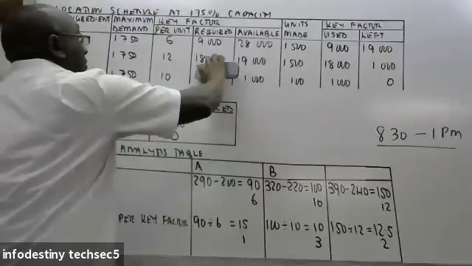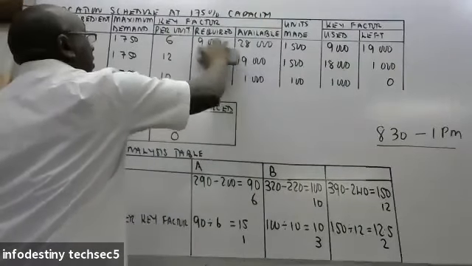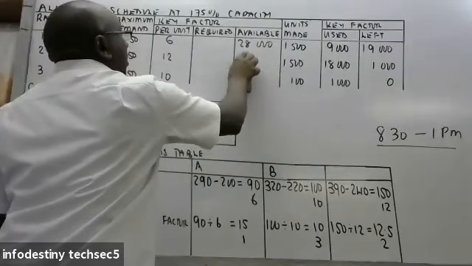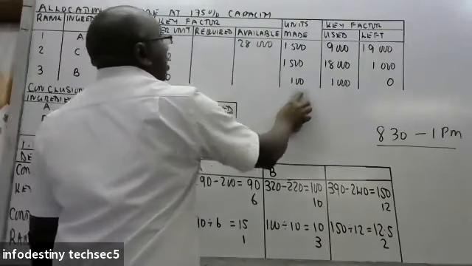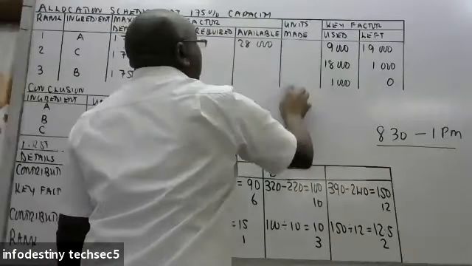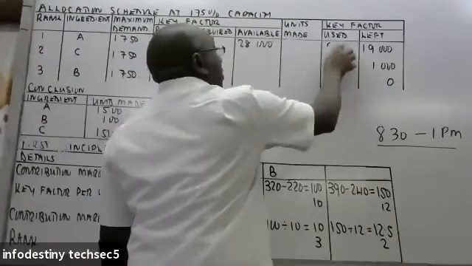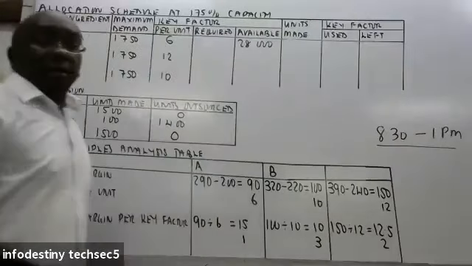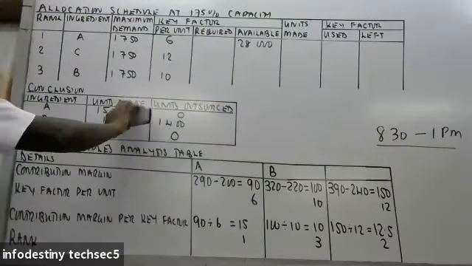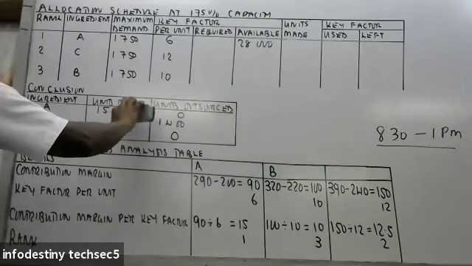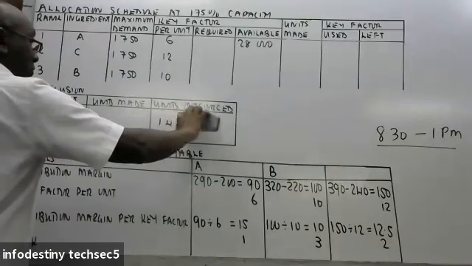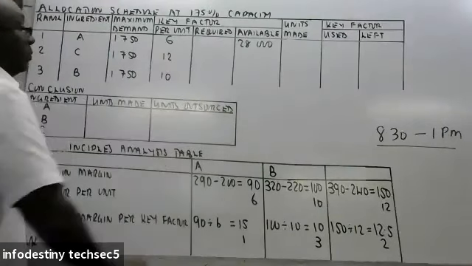Then you get the required here. The available remains that way. Then you decide, and then you come here and tell us how many units you will outsource and how many you will not outsource.